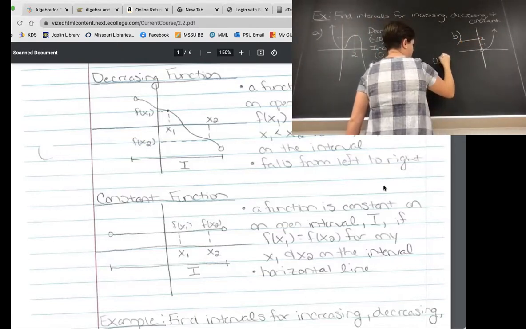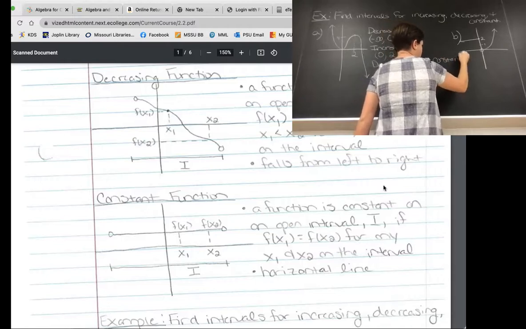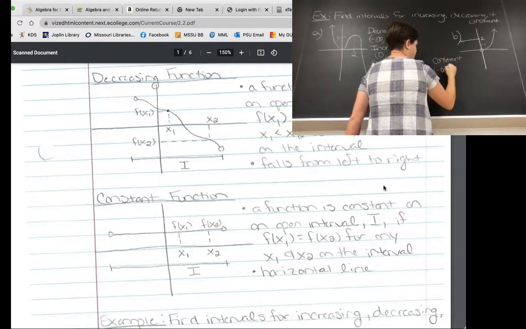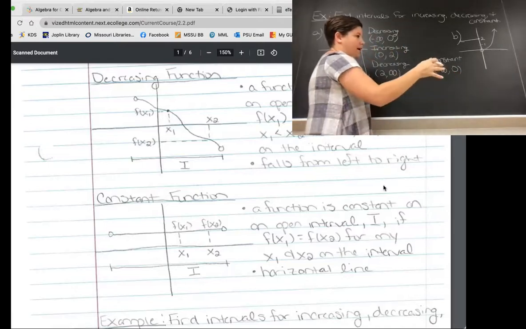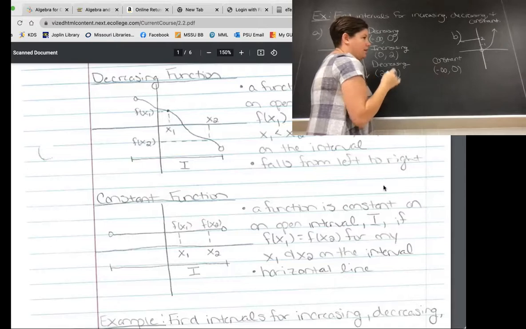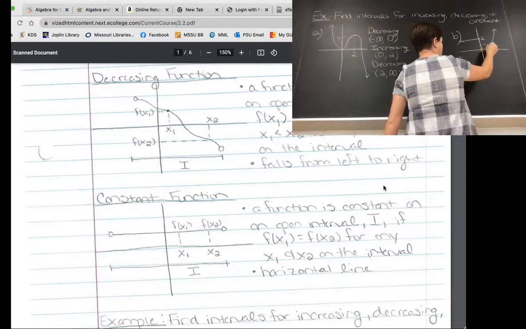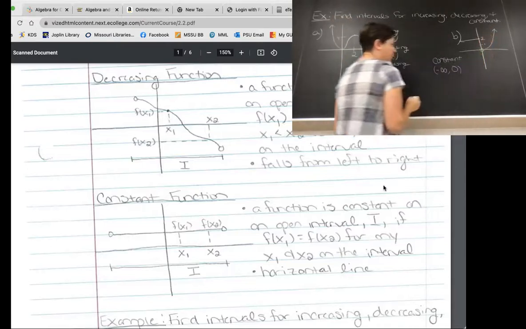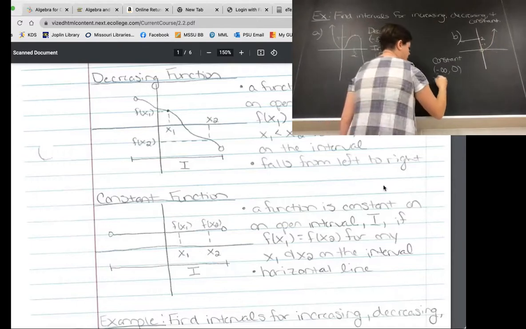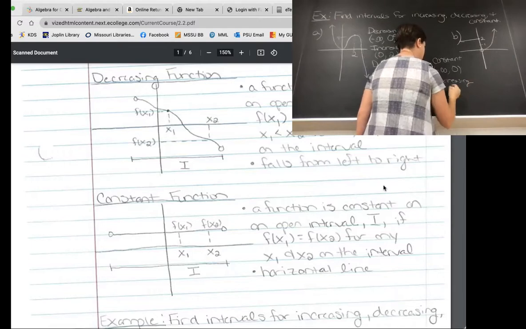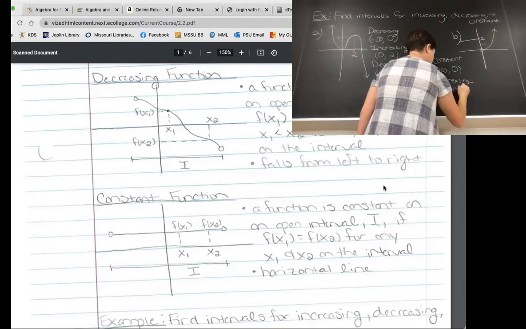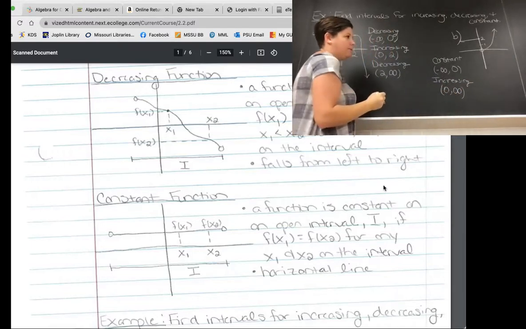That means our function is constant from negative infinity all the way until 0, until we hit that y-axis. And then after we hit that y-axis, we jump down here and we start going up again. So then it is increasing from 0 all the way to infinity.